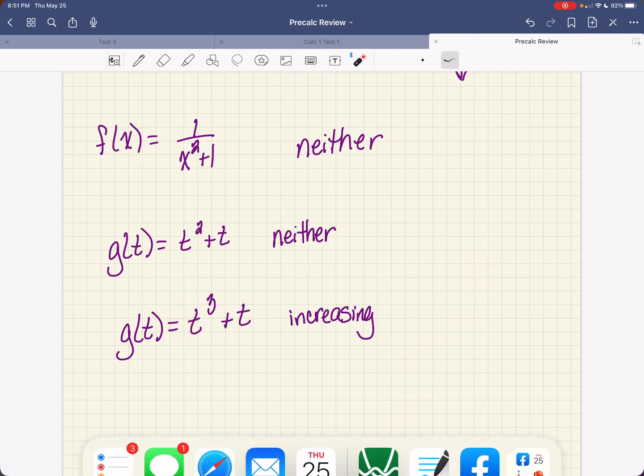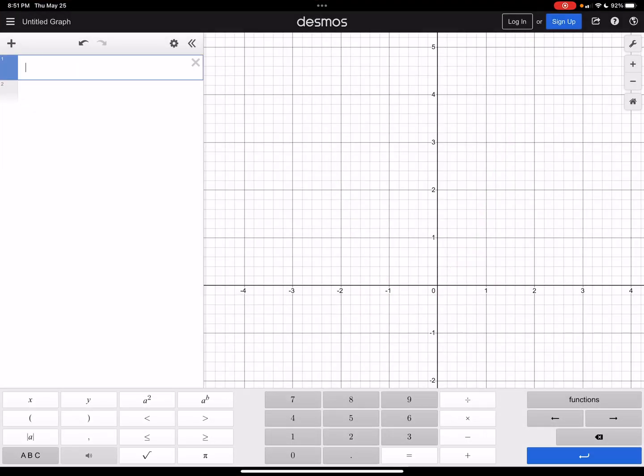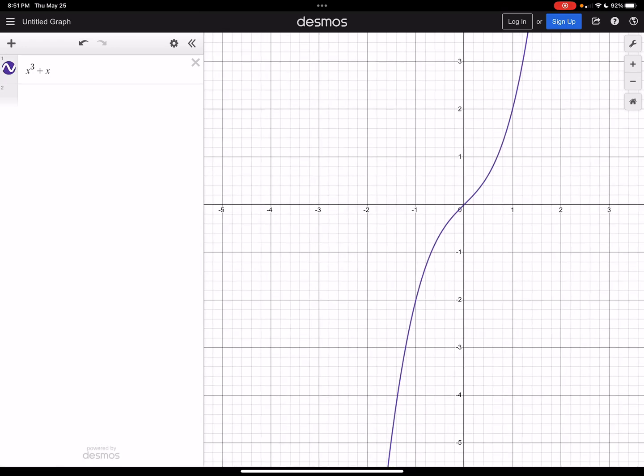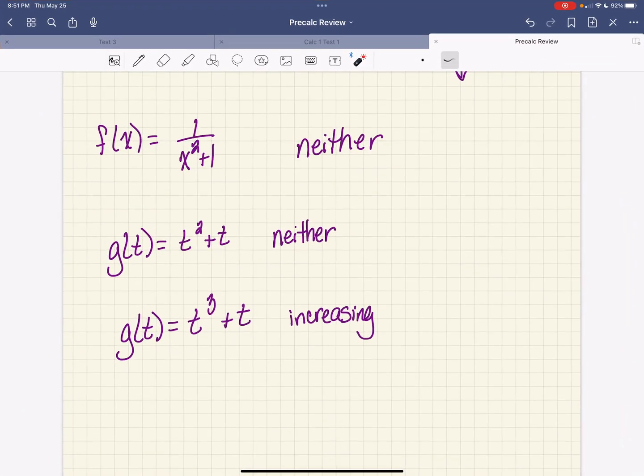But again, if you want to stick that into Desmos, you certainly can. And we're going to get x cubed, and I'm just using x because that's what Desmos asks us to use. Your problem does use t, but remember that t is just the variable. Okay, and so this is an increasing function. So that one is increasing.